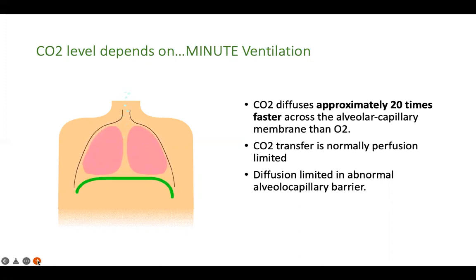What does that mean by that? If you are breathing well and your lung is getting well perfused, there is no reason why the CO2 should not be coming down. But if your lung is ventilated well, but the perfusion is less, even in that situation also, carbon dioxide can go up.